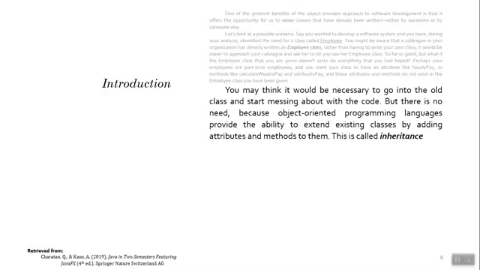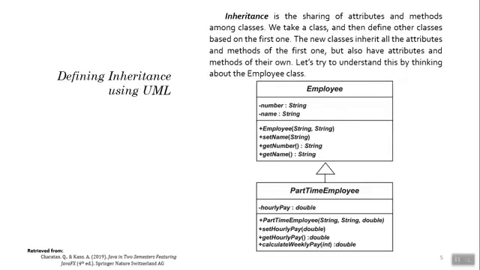Some may think it would be necessary to go into the old class and start messing about with the code. But there's no need, because object-oriented programming languages provide the ability to extend existing classes by adding attributes and methods to them, and this is called inheritance. Inheritance is the sharing of attributes and methods among classes, where we take a class and then define other classes based on the first one.